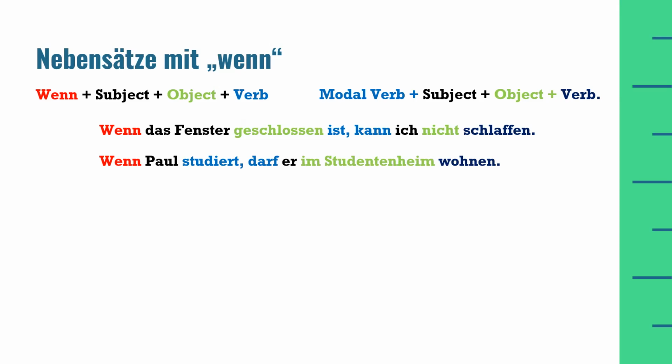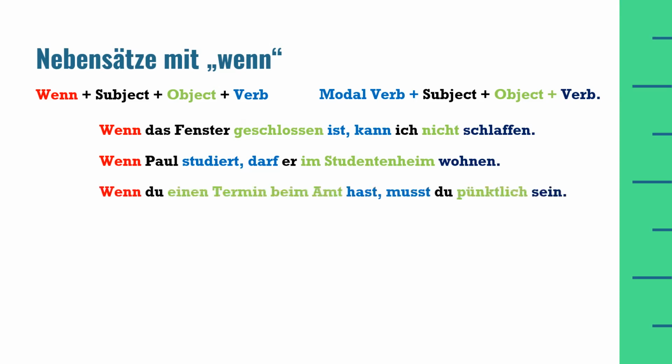When Paul studiert, if Paul studies, which means if he's a student, the Hauptsatz starts with the modal verb dürfen, but for the subject we have to use the conjugation of dürfen and it becomes darf. Im is the short form of in dem Studentenheim, and then wohnen is the verb that comes at the last position of the sentence in infinitive form.